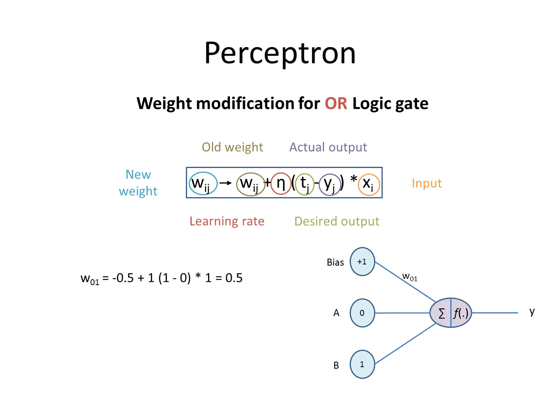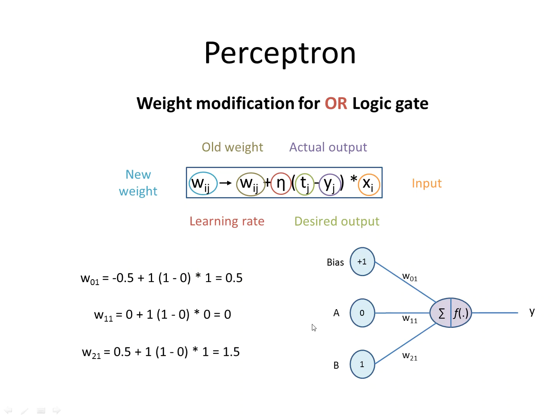Accordingly, now we need to modify our weights that were earlier -0.5, 0, and 0.5. For W01, this is the old weight, that is -0.5, eta I have taken as 1, this is our required output, that is 1, this is the actual output that we received right now as 0, multiplied by the input, that is 1 here. Similarly for W11, we will get the new weight as 0, similar to the old weight.